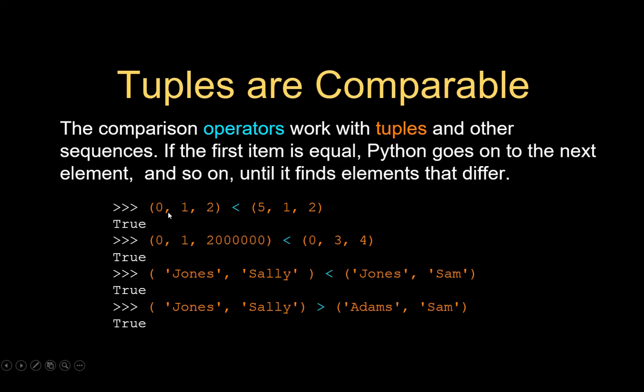The way it works is we start comparing the first item of the left tuple to the first item of the right tuple. So we start from 0, and 0 is indeed smaller than 5, so we don't go further to compare anymore. This is a true statement, and we get the output True. We don't check the other items here.